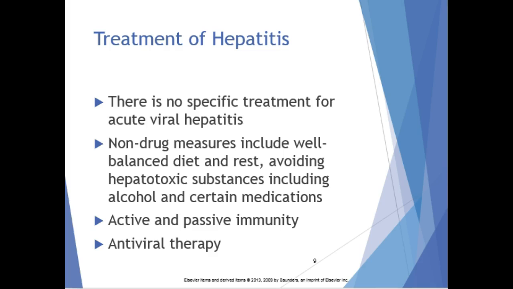Nausea can be treated with Zofran. There can be immunoglobulins given for passive immunity. There can be antiviral therapy administered. They've had some good success in treating some hepatitis C patients with antiviral therapy.